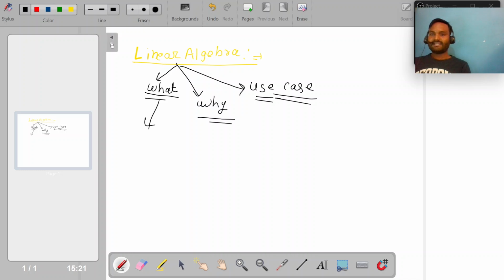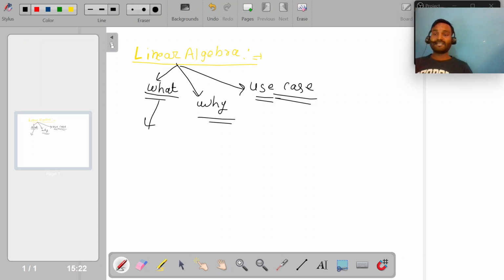So this is linear algebra. In linear algebra we study relationships between many variables at the same time, but we focus only on linear relationships. We will not focus on squares, cubes or curves. It provides tools to represent and manipulate data efficiently.